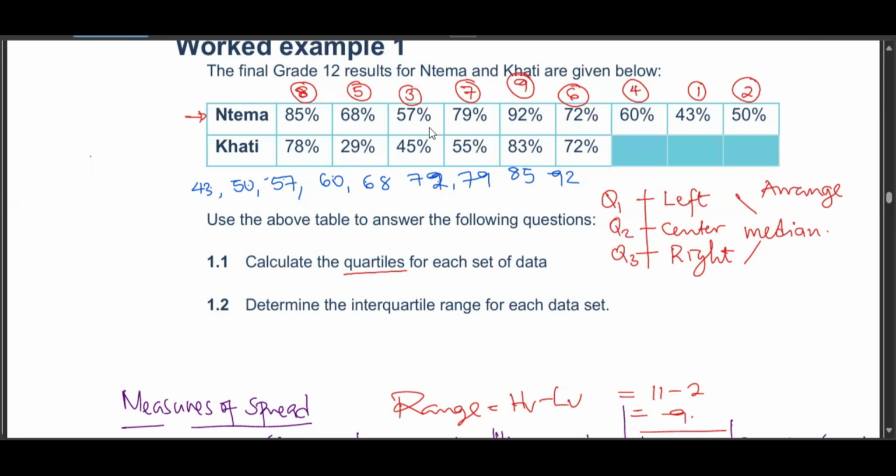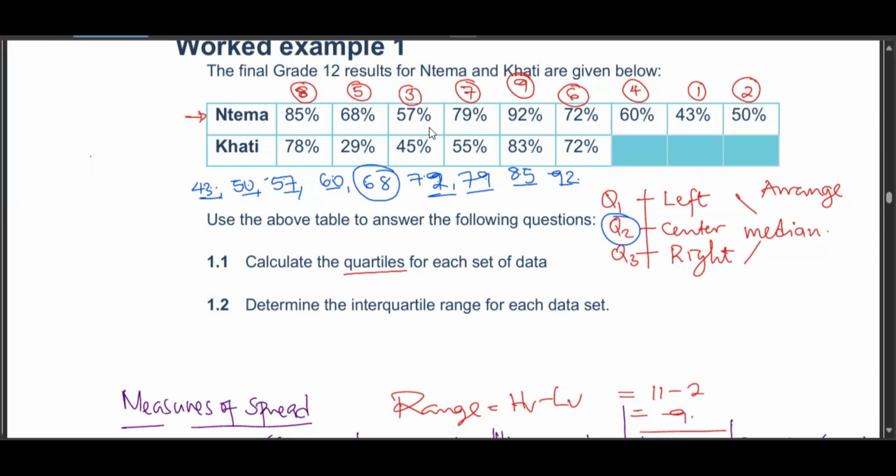So these are 1, 2, 3, 4, 5, 6, 7, 8, 9. These are 9 values, so I should remain with one number which is in between. So here you have 1, 2, 3, 4, and 1, 2, 3, 4 on the other side. So this is our median, the middle number in the arranged set of data.